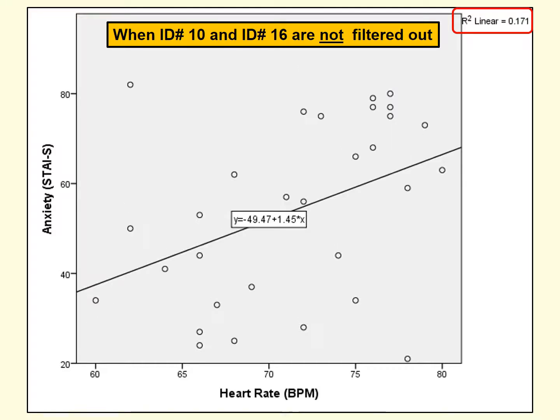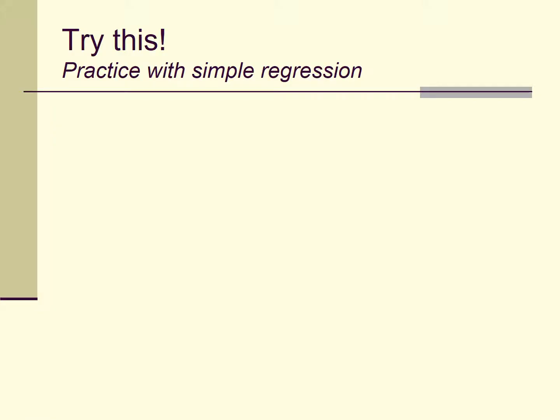Here's what it looked like with the data not filtered. You can eyeball the line and it seems to fit the data a little bit less well, and if you look at the R squared value, R squared is smaller. So this may sound good.